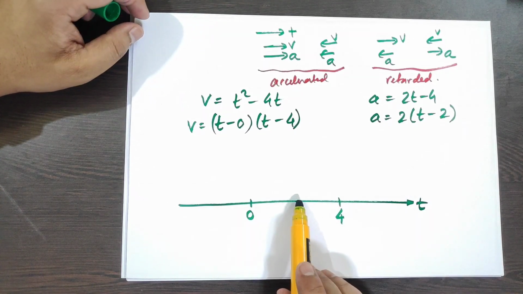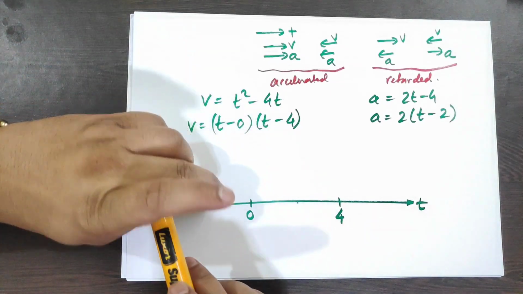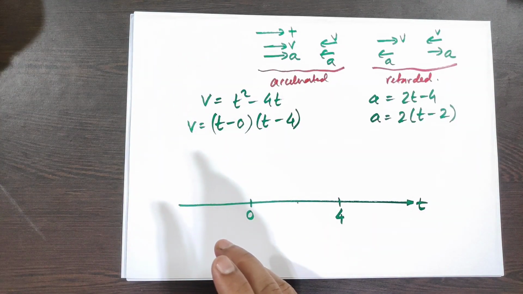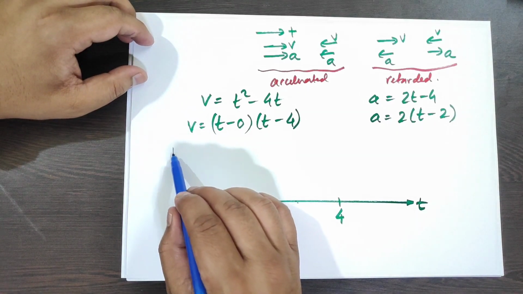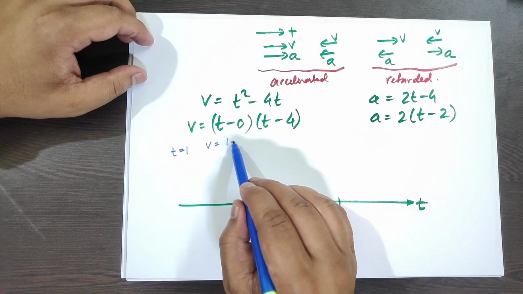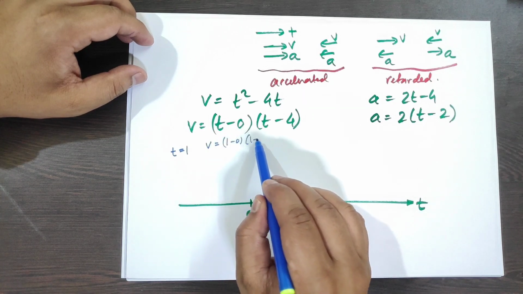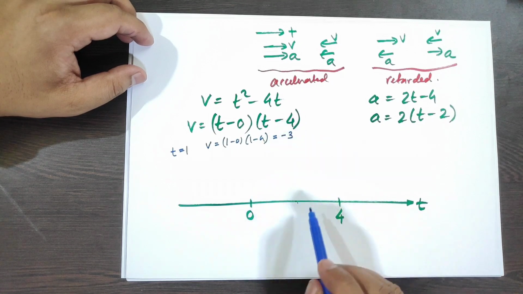for velocity, say choose any value of time between 0 and 4. So let us choose a value like 2 or 1, whatever. So if t is equal to 1, then what is the value of V? See, if t equal to 1, then V equal to 1 into 1 minus 4, that is minus 3.